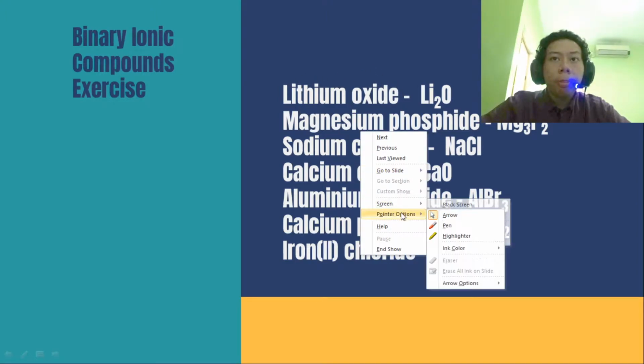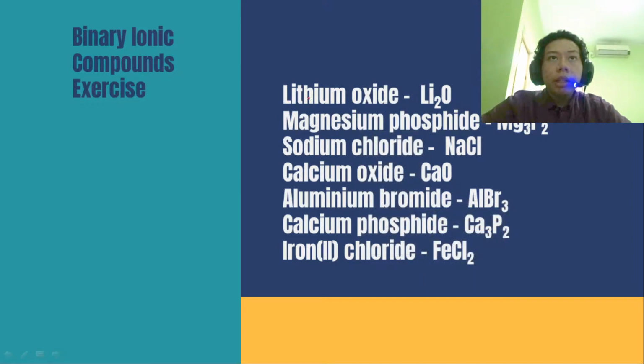We know that lithium is Li and oxide is oxygen, so O. Lithium has plus 1 net charge and oxygen has negative 2. So we can use the crisscross method, multiply to lithium and here multiply it to oxygen. So we get Li2O.